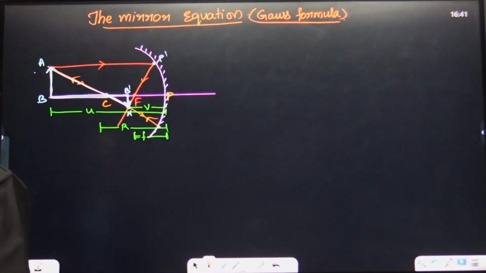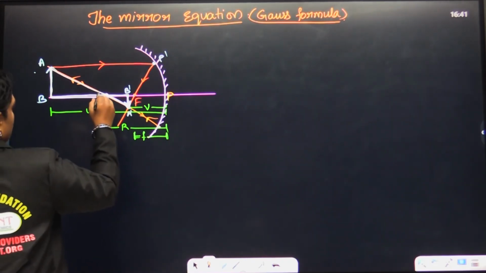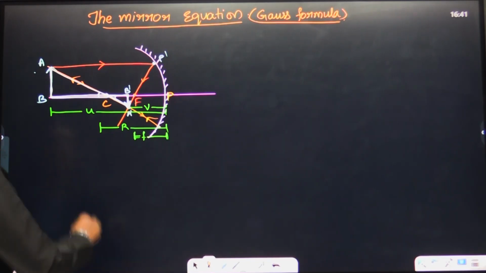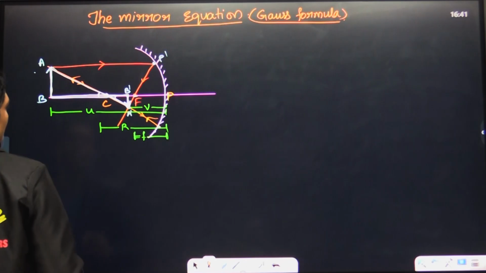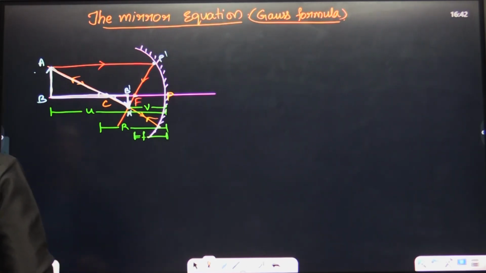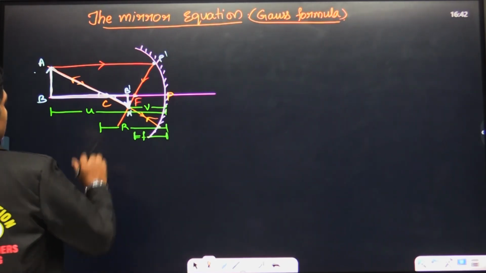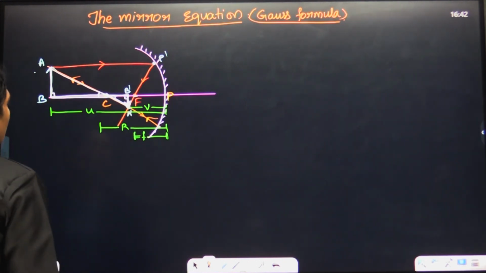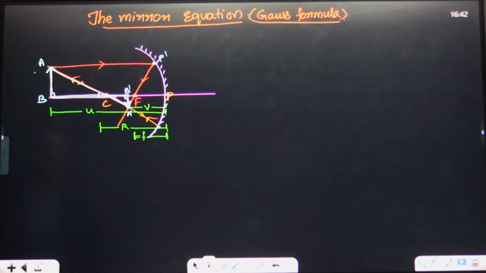If you observe the two triangles carefully, they are both similar. The reason is that these two angles are vertically opposite angles, and this is the common line for both cases. And there is a right angle at B and B dash. From the ASA property, we can say that both triangles are similar.